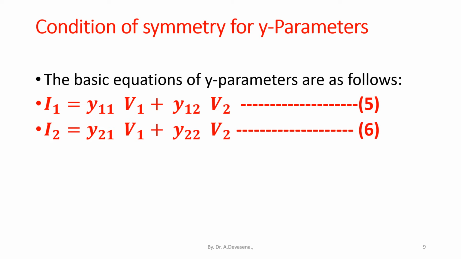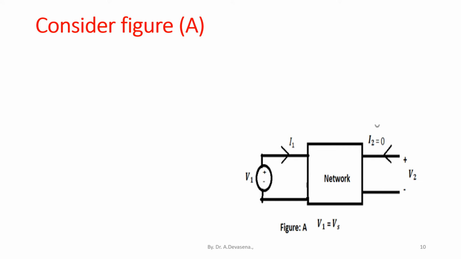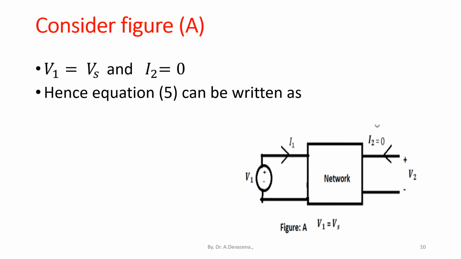Now consider figure A. Here we have V1 is equal to Vs and I2 is equal to 0. Therefore, equation 5 can be written as I1 is equal to Y11 Vs plus Y12 V2.